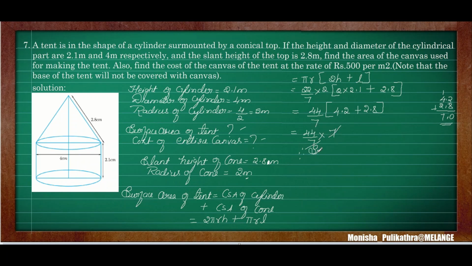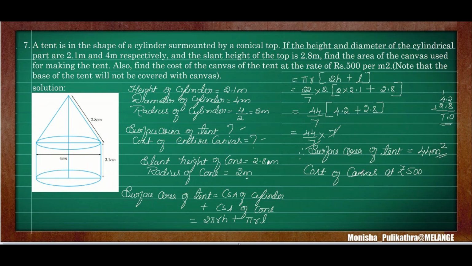Therefore, the surface area of the tent is equal to 44. Here they have given all the values in meters, so we can write it as meter square. So the first question, the surface area, is over. Next, the question is the cost. The cost of canvas is at rupees 500 per meter square.